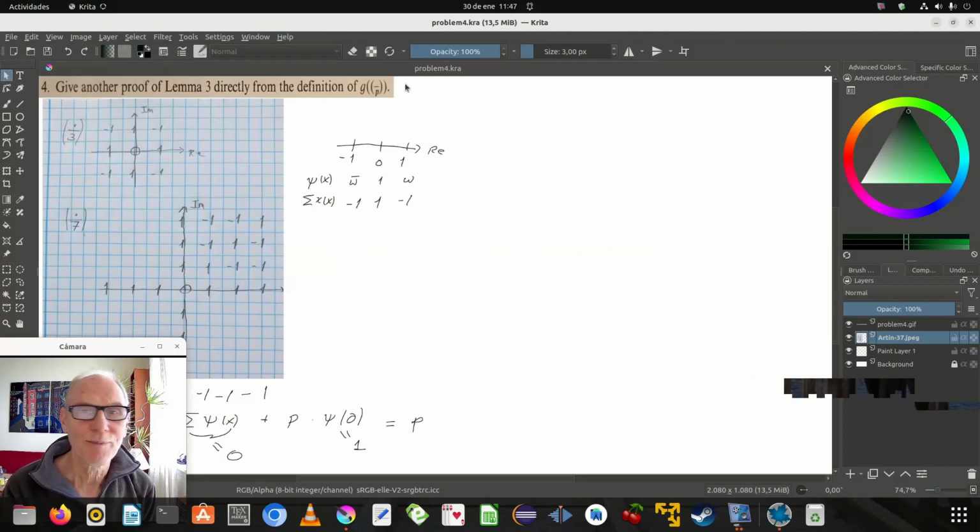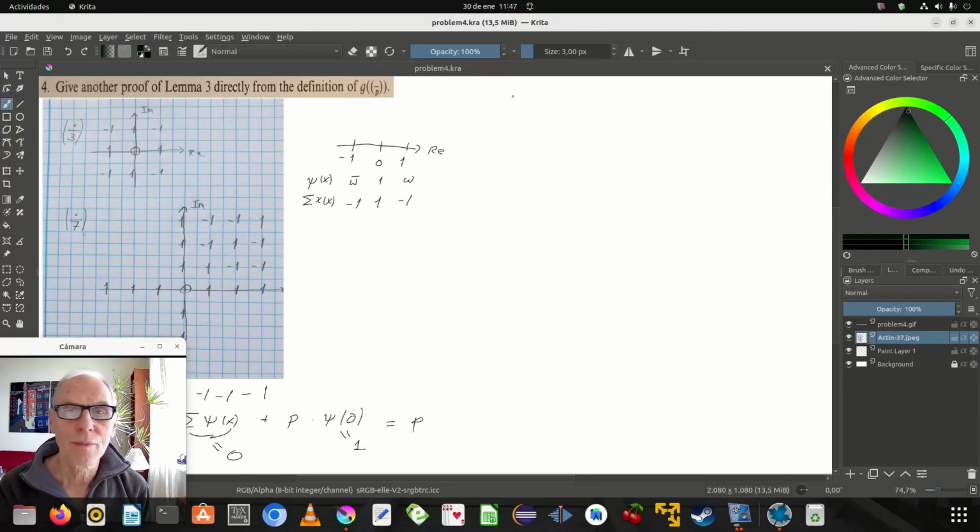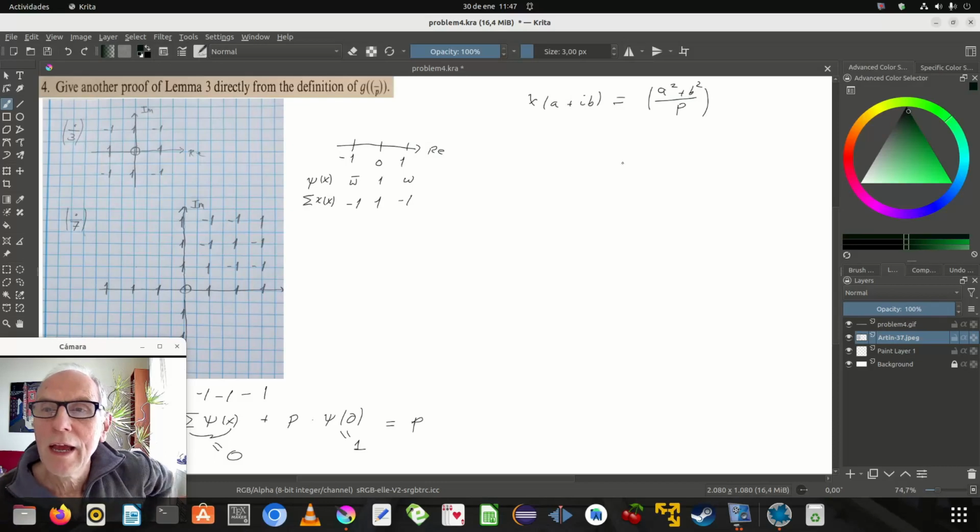Then I got an idea. This is the Legendre symbol. And modulo p, we know that it's equivalent to, raised to p minus 1 over 2, modulo p.